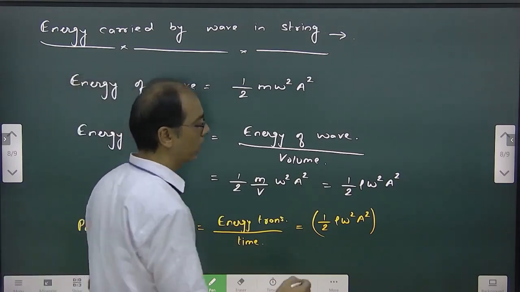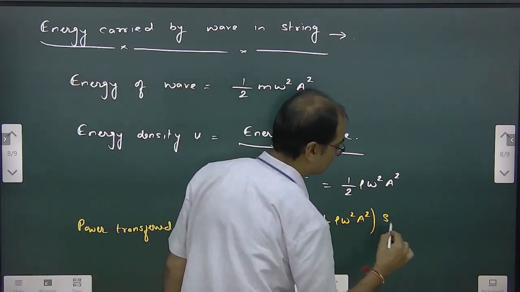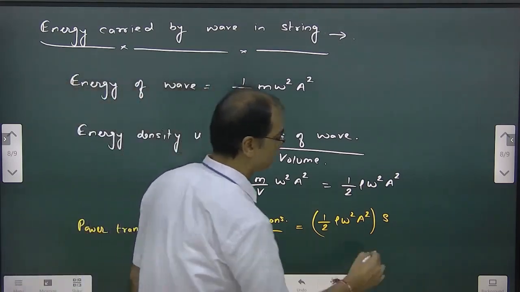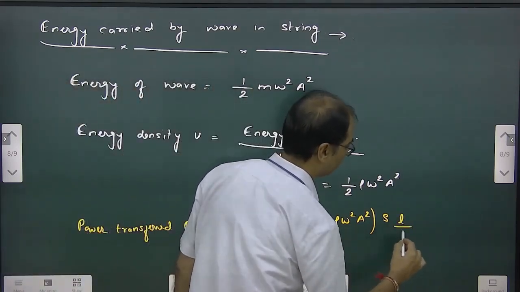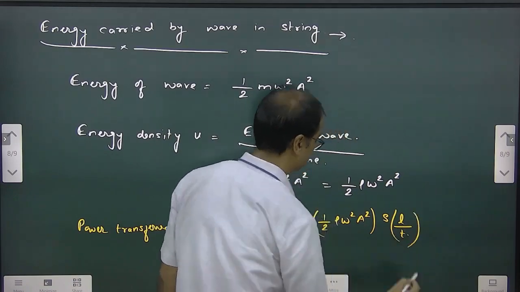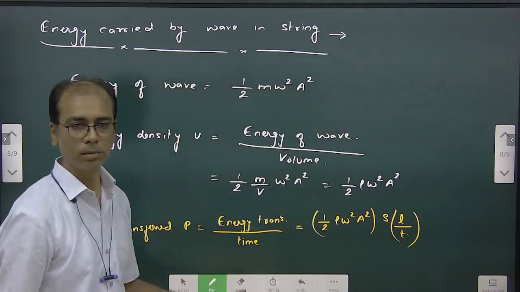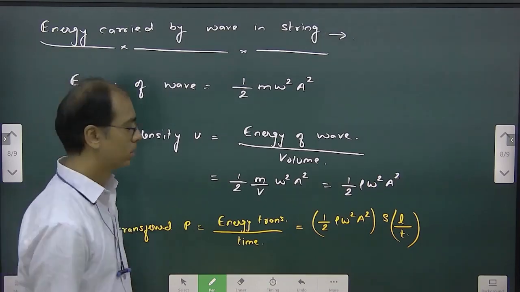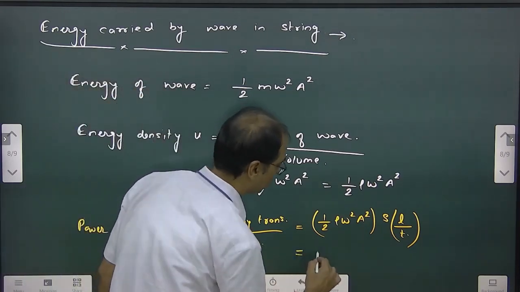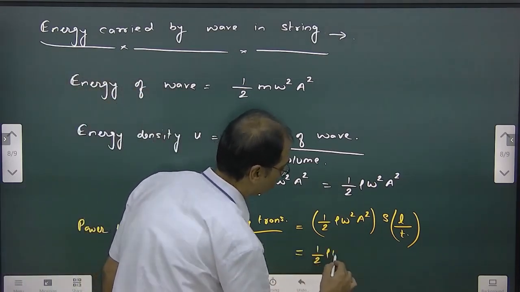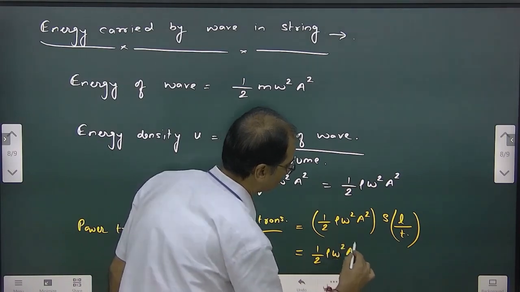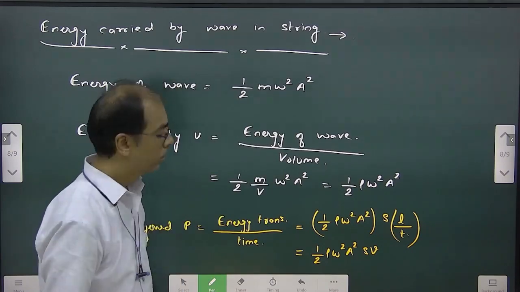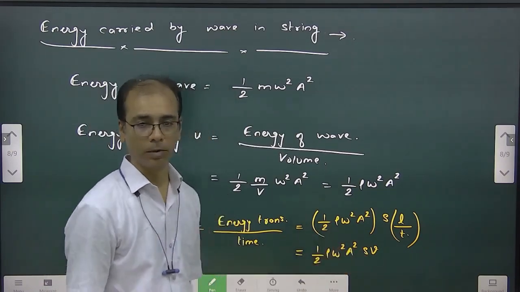So I am taking area as S, into length by time. Length by time we write as velocity. So half rho omega square a square S into velocity. This is the velocity of wave, and S is area, remember.